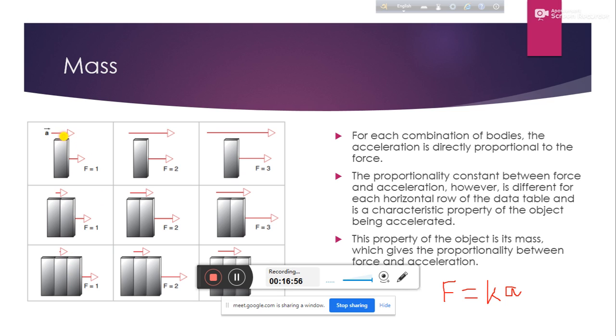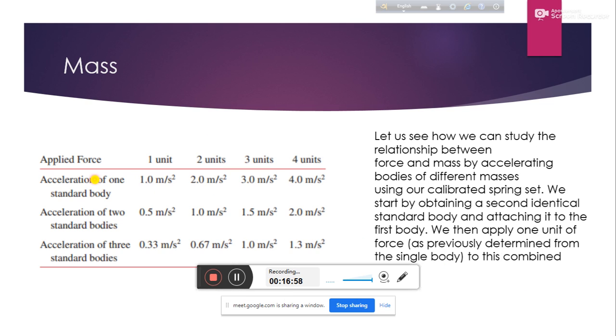That is why this relation also changes. This relation here is 1 into 1, 2 into 1, 3 into 1. So 1 is the constant of proportionality here. But here it is half. It is 1/3. So only the constant of proportionality has changed.